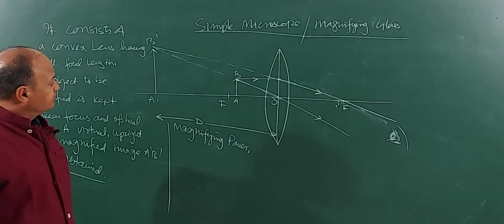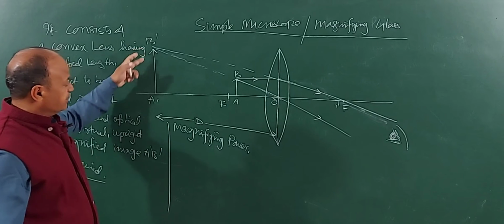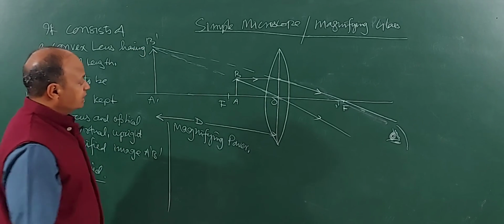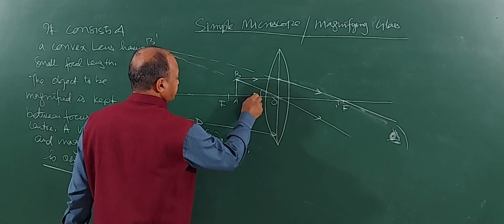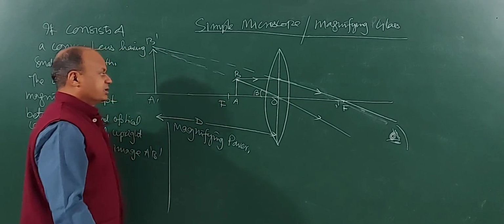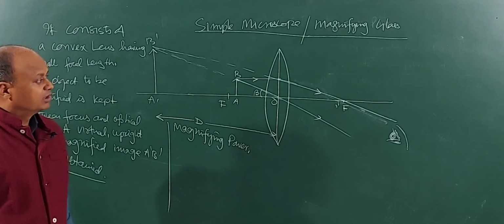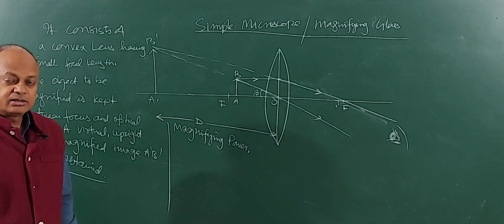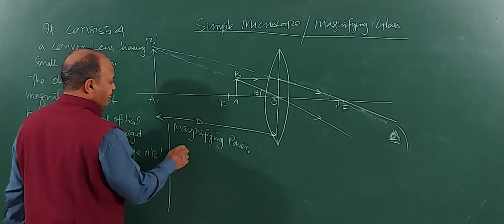Now you can see that the final image A dash B dash is subtending this angle beta. Now we have another question here. What will be the angle subtended by the object? Now if you go by the definition, then magnifying power means what?